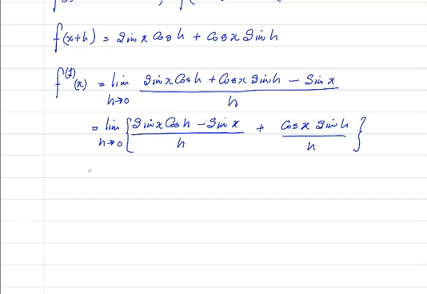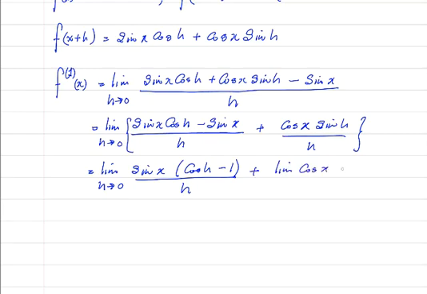If I factor out sine x up here, I have the limit as h approaches 0, and I have sine x here, and in the other bracket I would have cosine h minus 1, and this is all over h, plus over here the limit of cosine x sine h over h, and this is the limit as h approaches 0.